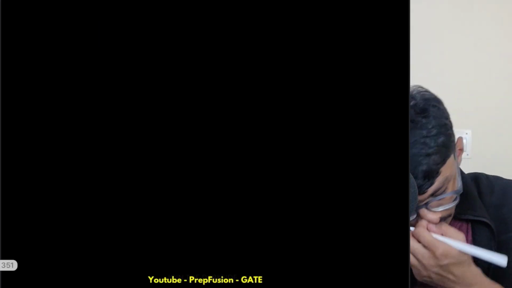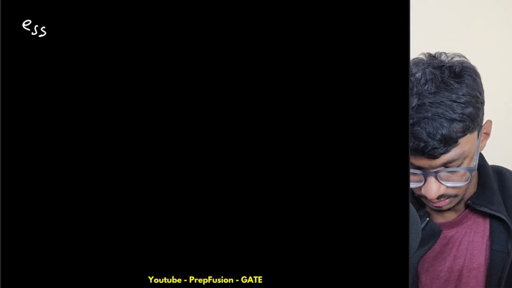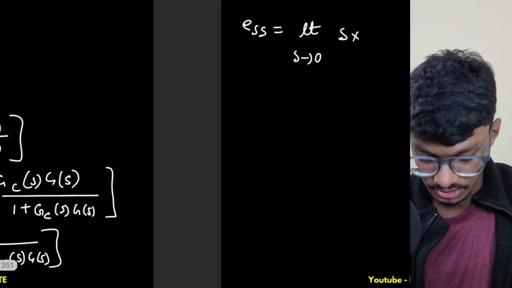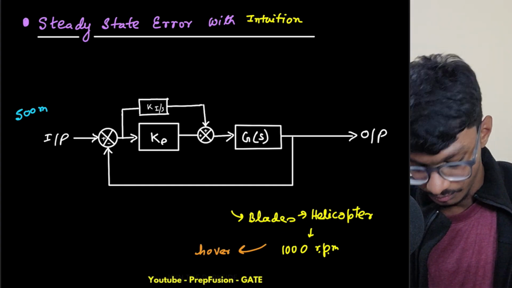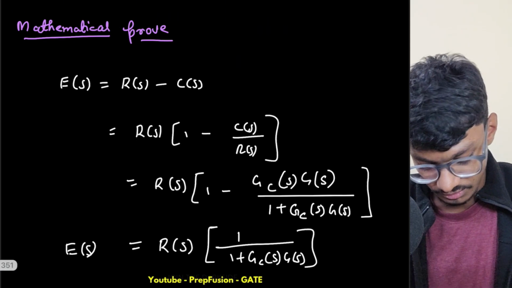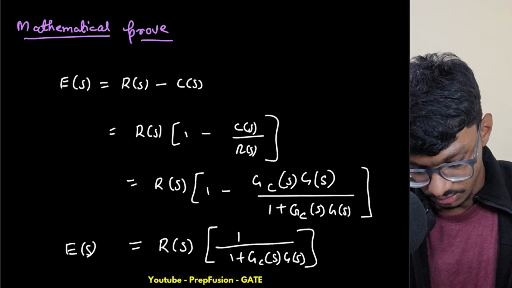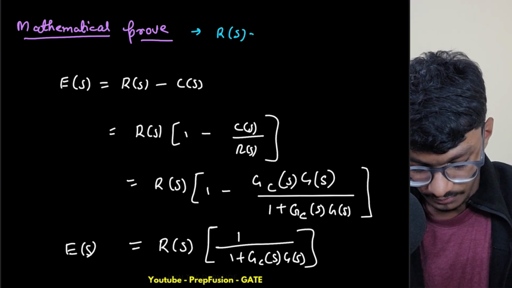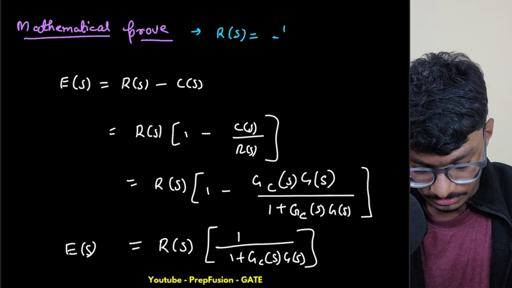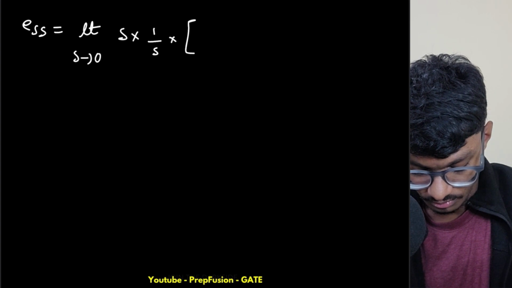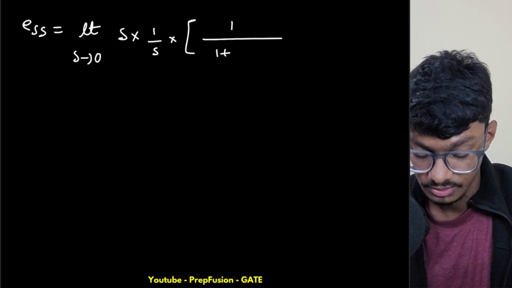Now what is my steady state error basically? So my steady state error is equal to limit as s tends to 0 of s into R of s. R of s is a unit step. Basically it could be 500 meters, like 500 by s, but in this derivation we're assuming it as unit step. So R of s will be 1 over s, into 1 by 1 plus GC.